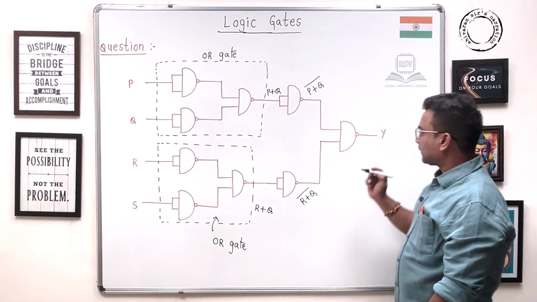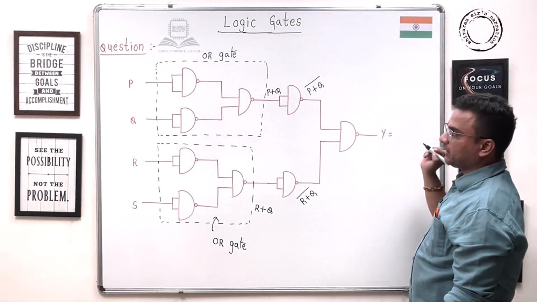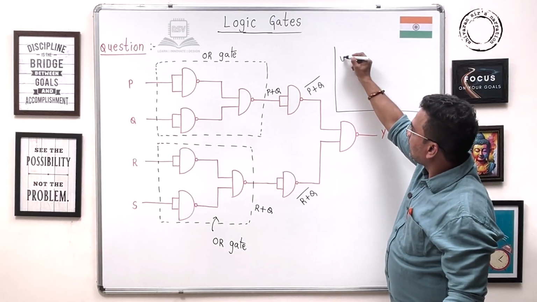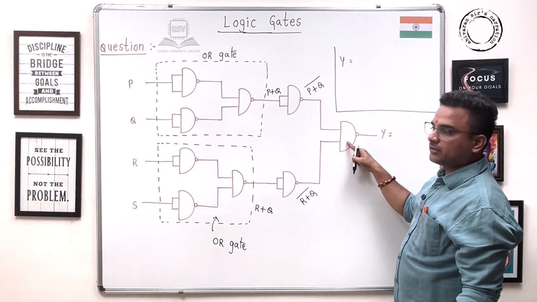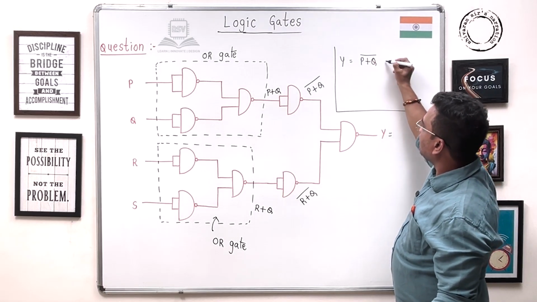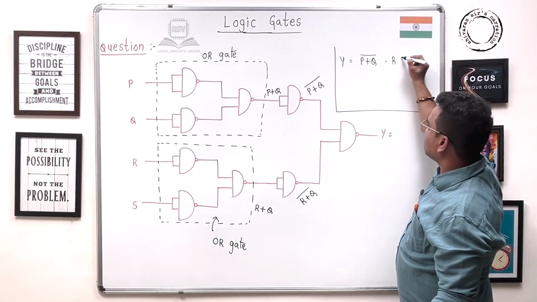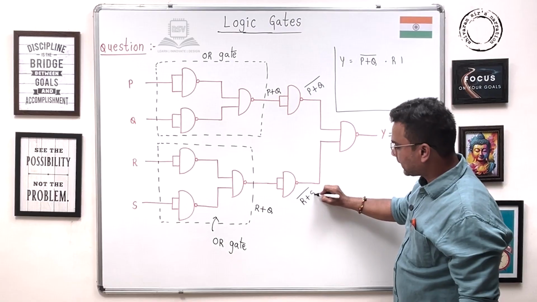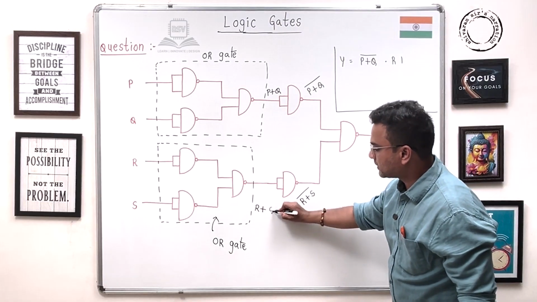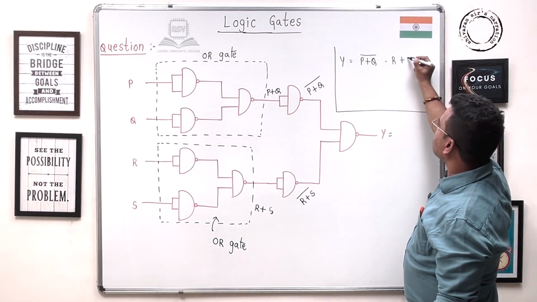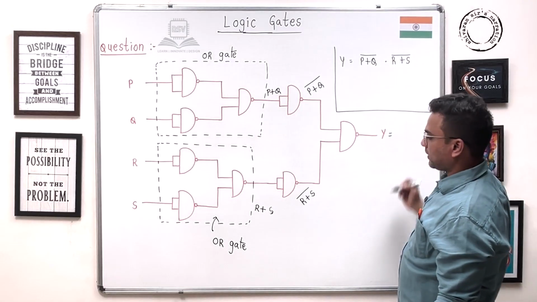Now, here the final expression output Y. Coming to this, here it is a NAND gate only. Therefore, P plus Q whole bar into R plus Q, R plus S. Oh, sorry guys, this is S. This one, so that here R plus S whole bar.